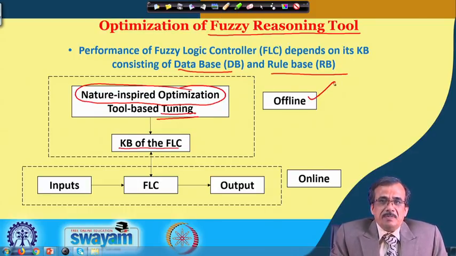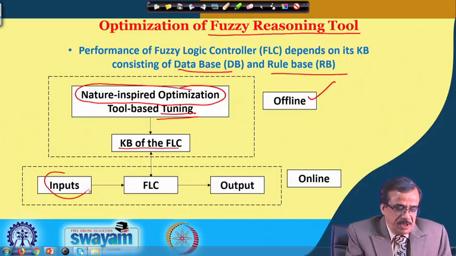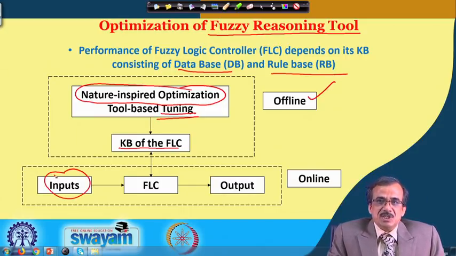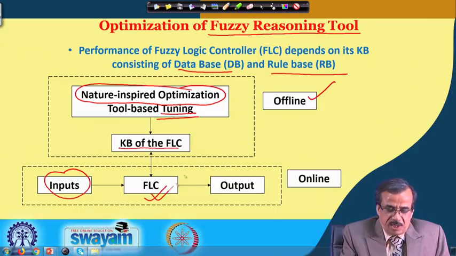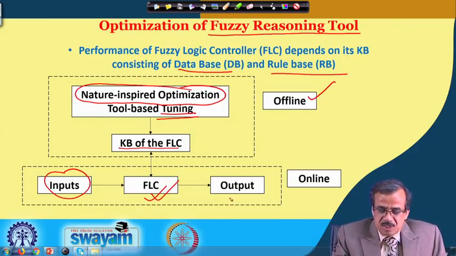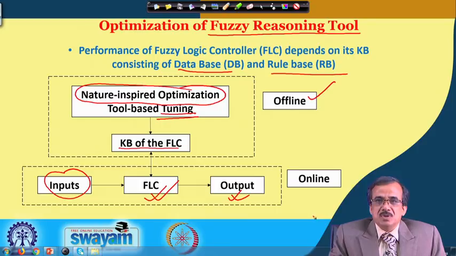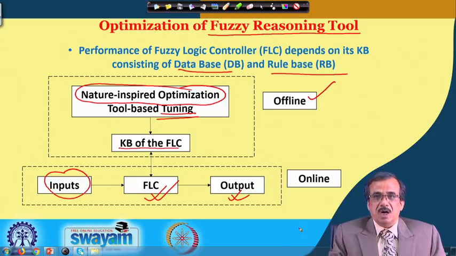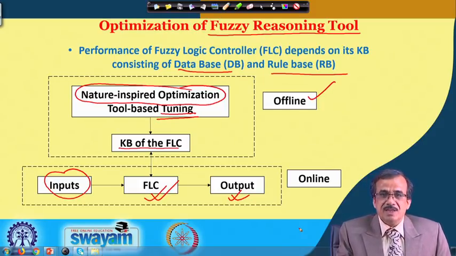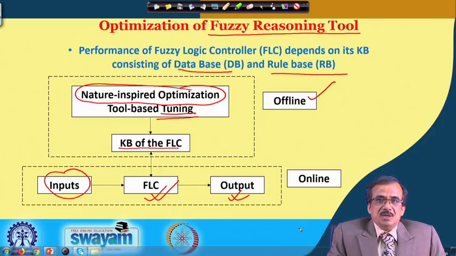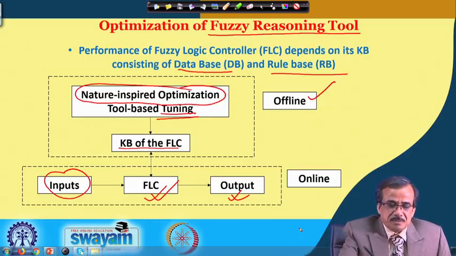Once you have got the optimized knowledge base of the fuzzy logic controller, we can pass a set of inputs, and the moment we pass a set of inputs through the fuzzy logic controller, we will be getting the output online, might be within a fraction of a second. So, once it is trained offline, we are in a position to use it online.